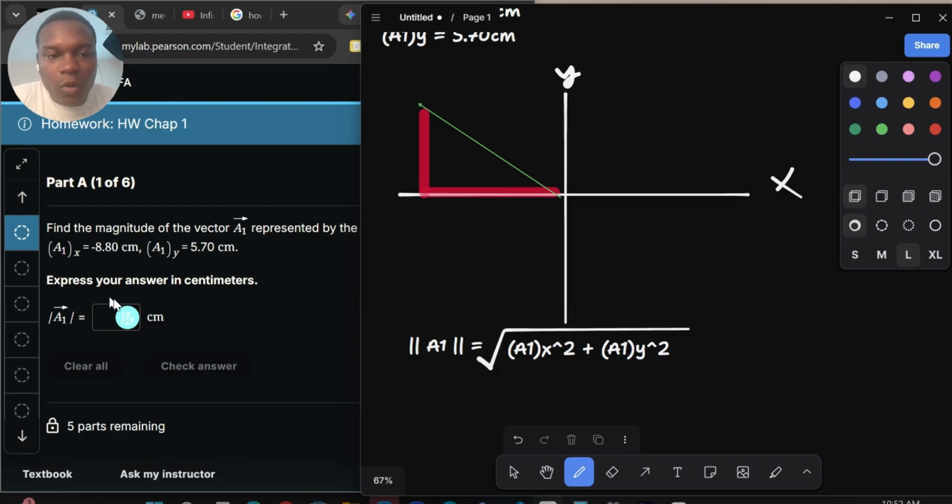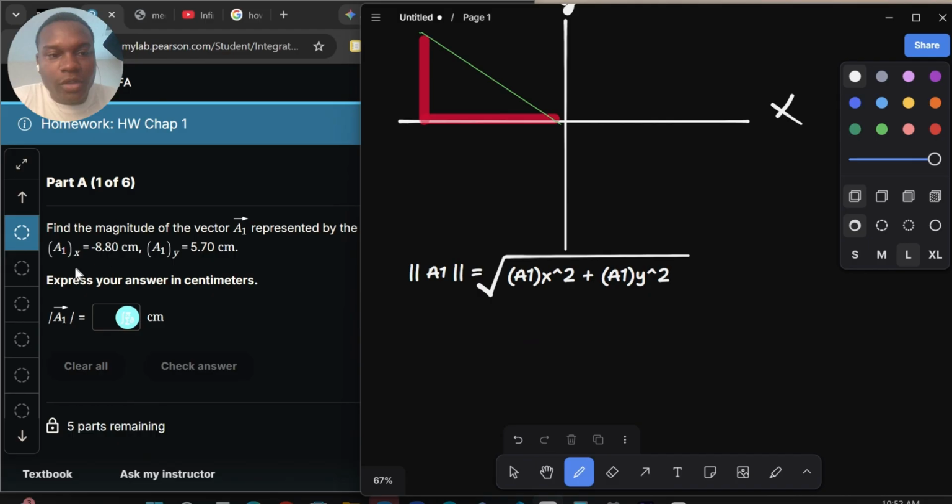Now they're both already in centimeters, and this is going to be positive. Even with the given math, you can see why the magnitude is always positive because of this distance formula. Anything squared is positive. You have two squared numbers under a radical, so it's going to be a positive number. So now all we have to do is substitute component x and component y into this equation, and we're going to get what we're looking for.